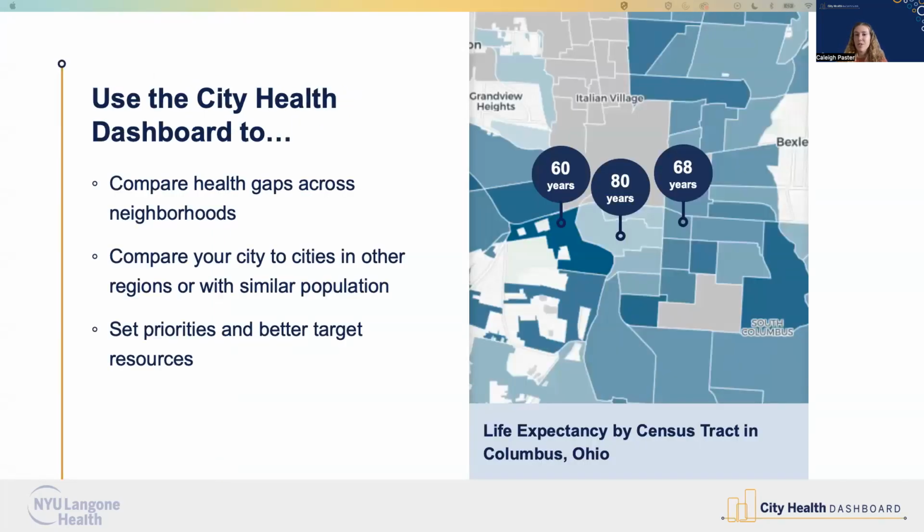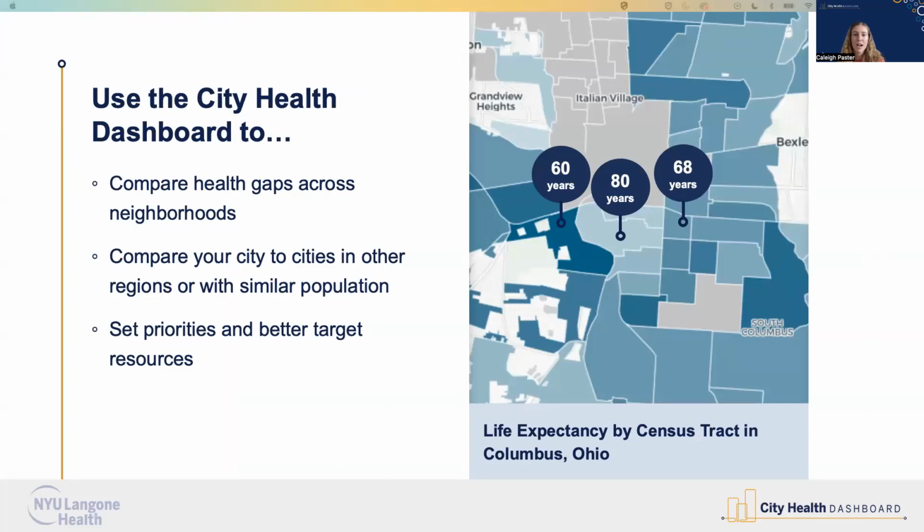You can use the dashboard to compare health gaps across neighborhoods and dig deeper into what is causing those differences. You can use it to compare your city to cities in other regions or with similar population sizes or demographic factors, to help you set goals and learn from what others are doing. And then you can also use the dashboard to help set priorities and better target resources to neighborhoods that need them most.